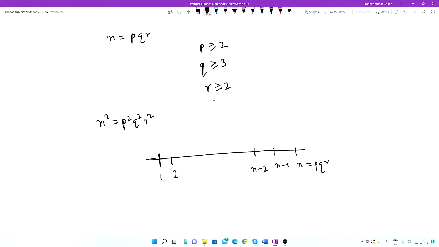What we can do is find some distinct numbers between 1 and n minus 2 which will collectively give you p square q square r square. So let me explain. We can write this as p into q into pr into qr. This product gives you p square, q square and r square.